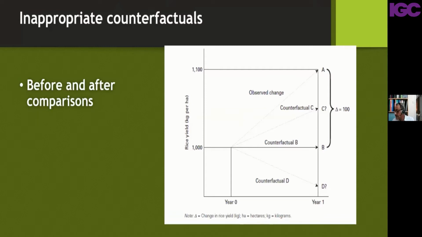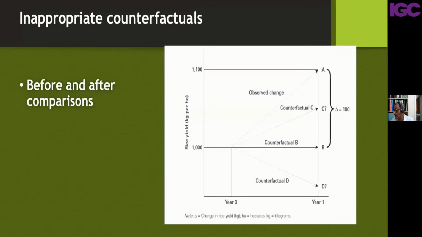Let us assume that the beneficiary has a yield of 1,000 kilograms per hectare before participating in the program. That is the baseline yield. And after participation in the program, the yield of the beneficiary goes up to 1,100 kilos, which is shown by the point A.